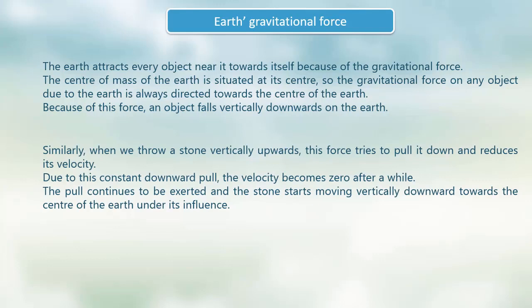Similarly, when we throw a stone vertically upward, this force tries to pull it down and reduce its velocity. Due to this constant downward pull, the velocity becomes zero after a while. The pull continues to be exerted and the stone starts moving vertically downward towards the center of the Earth under its influence.